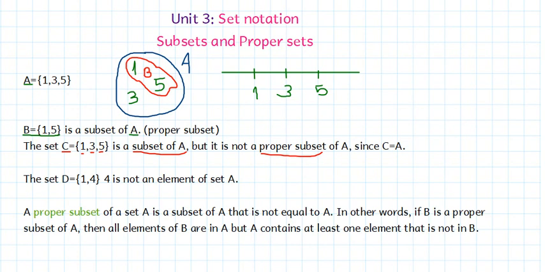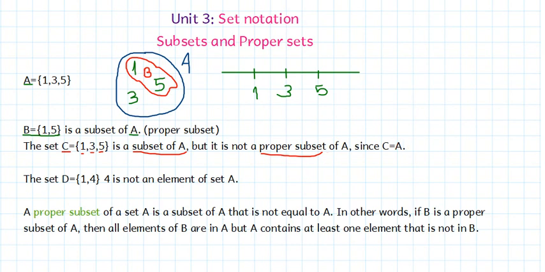Here it says a proper subset of a set A is a subset of A that is not equal to A. In this case, as they share the same elements, this is not a proper subset. It means that C equals A.